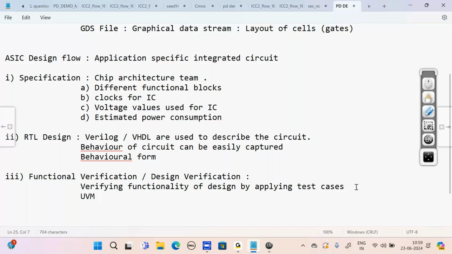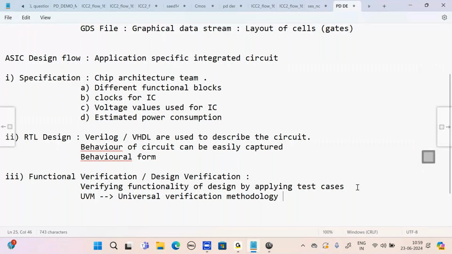So what is UVM? It stands for Universal Verification Methodology. UVM tells a step-by-step process of verifying bigger or complex designs. If you have a very big design, how to verify that?